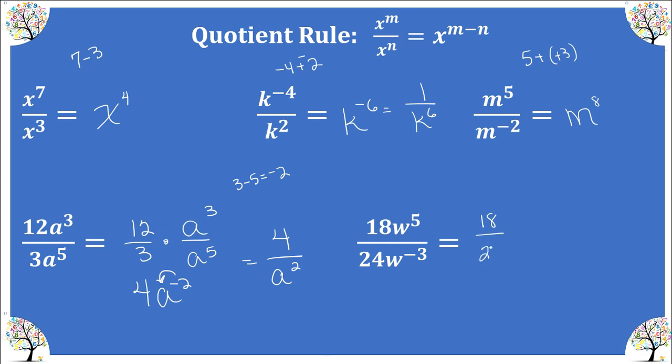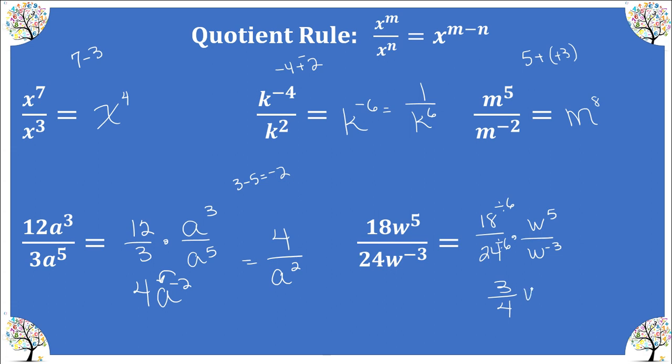We have 18 over 24. And you don't have to separate them, but especially when you're learning, you might want to. Okay, 18 over 24, this can be simplified with a factor of 6. So we get 3 over 4.